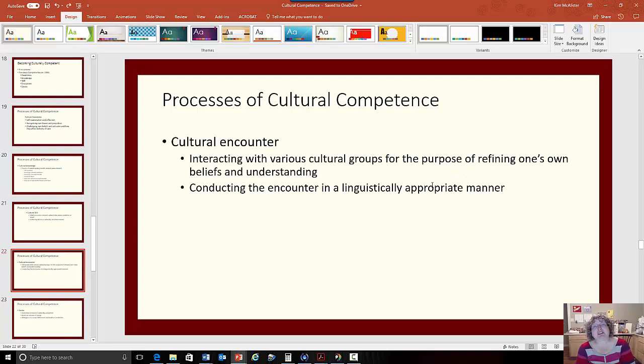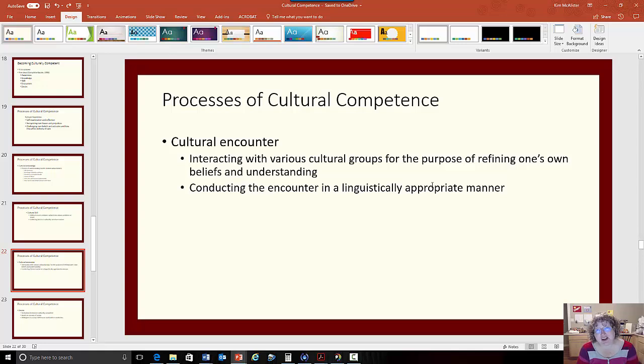A cultural encounter is different from immersion. An immersion is where you just go to a new culture and live and act among the people in that culture and study their life ways and participate in their culture, which is a fantastic way to get to know a culture.